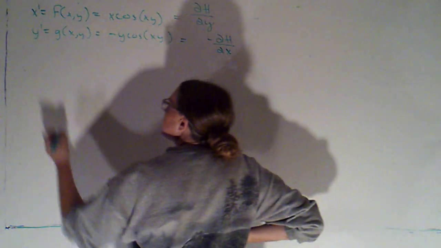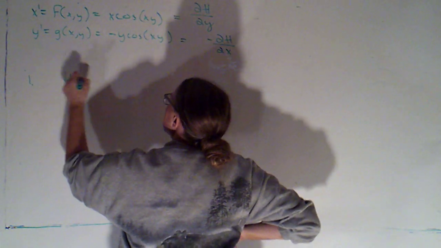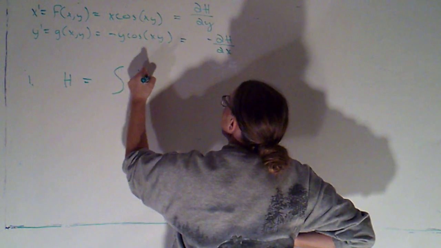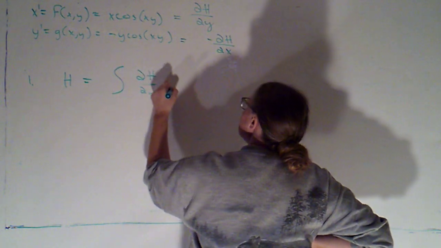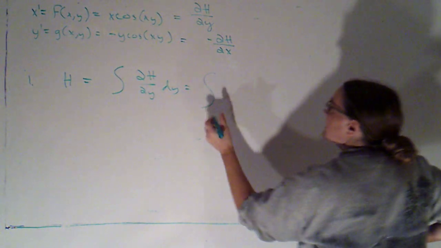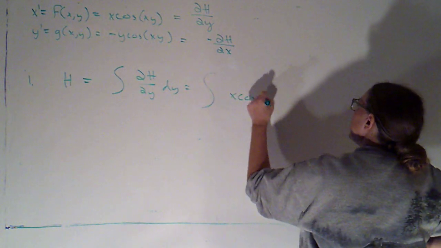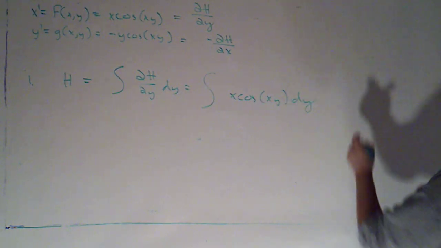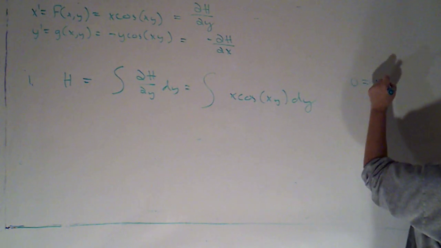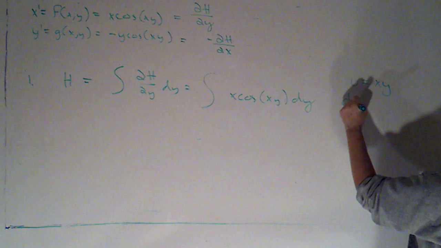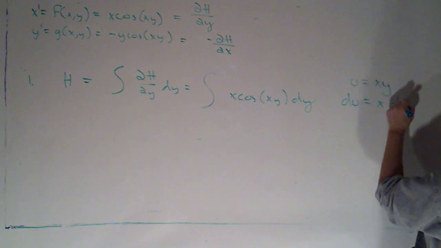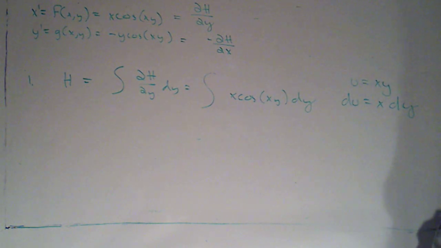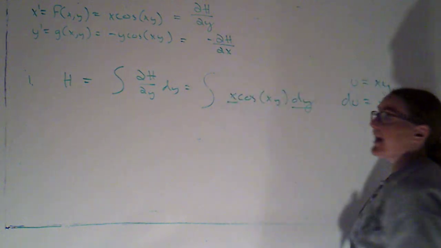Okay, so step one, I'm going to say h is going to be an integral of the partial of h with respect to y dy. So I'm going to be integrating x cosine of xy dy. So I'm just going to do a quick u sub. I'm going to let u equal xy, and then du will just be x dy. Well, that's great. That's going to absorb that x.